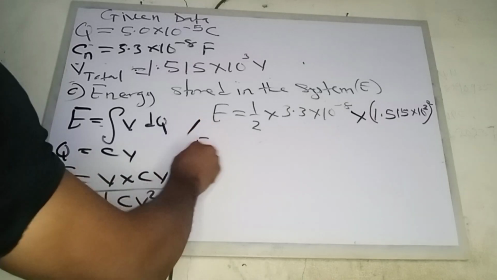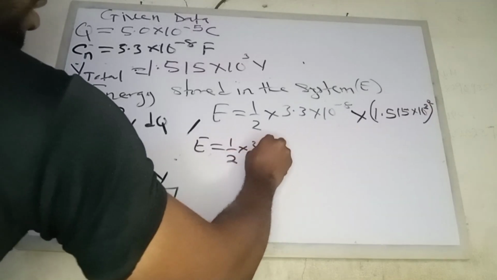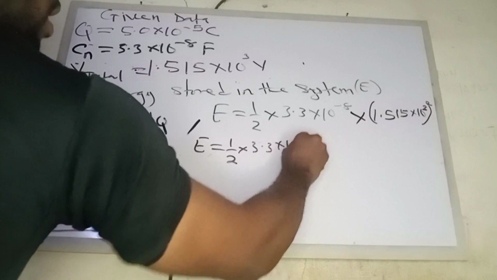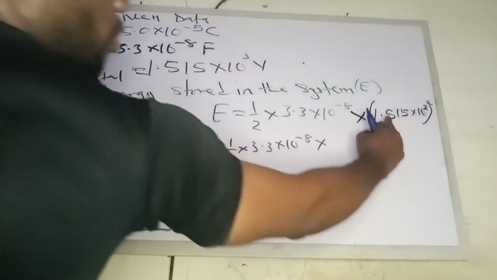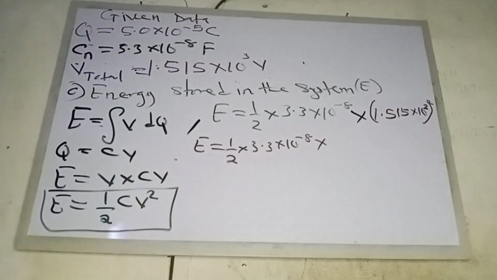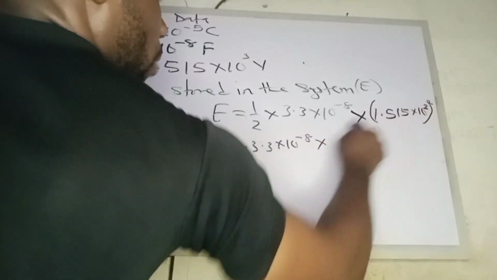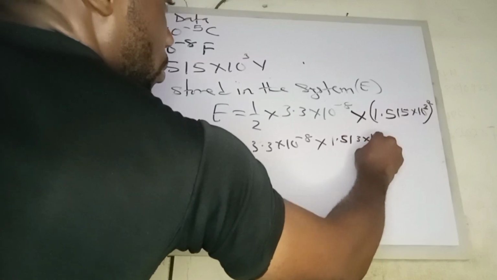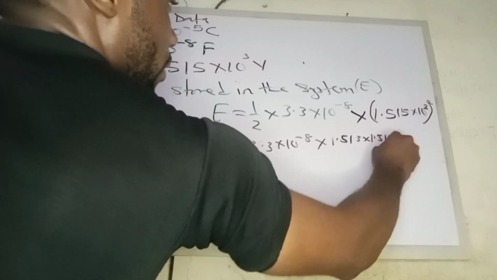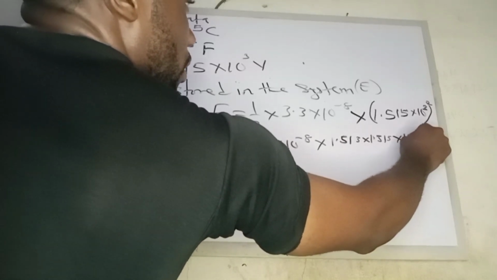So therefore, our E is equal to 1 over 2 times 3.3 times 10 raised to the power of minus 8 times, what we do here is that we square your 1.515 and also multiply this. So when you square this, you take 1.515 times 1.515 times 10 raised to the power of 6.